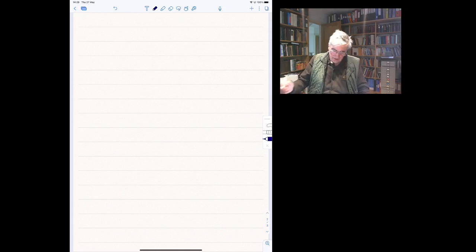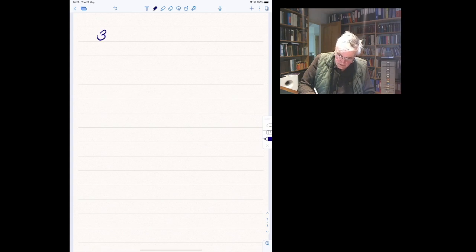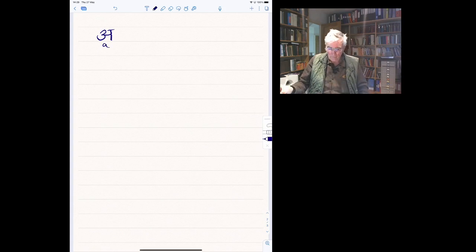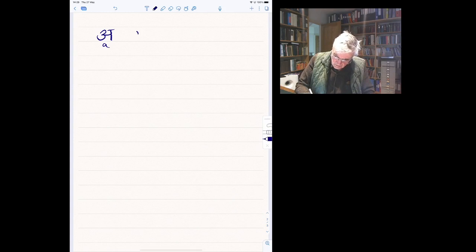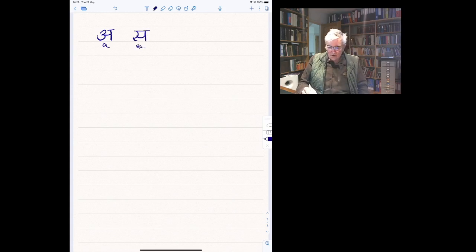Let me give you an example here. This is the letter I'm writing. This is the letter A. This is the short A. But as you've just seen, if I'm writing, this is S. If I write that, this is S. So you don't write the full vowel A because the short A is inherent in any consonant that you write, unless, of course, you put the virama, which we haven't done in this case.